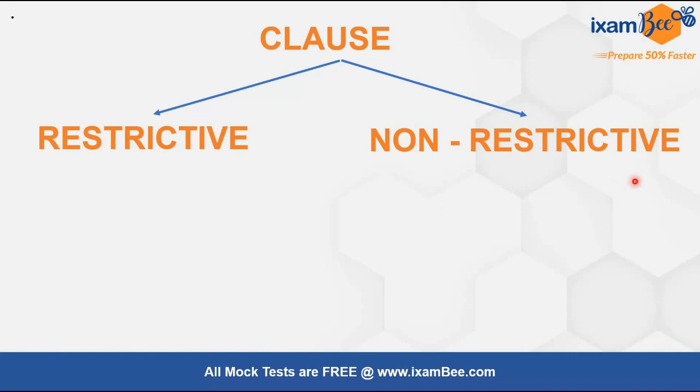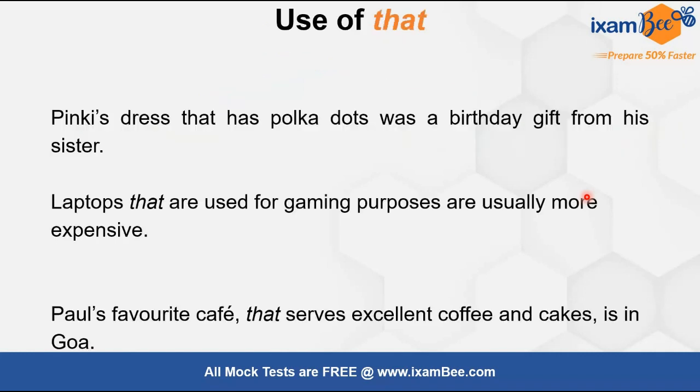A non-restrictive clause only adds information. Even if we remove it, the sentence will convey the same meaning as before. Let's see some examples and understand it in a better way.